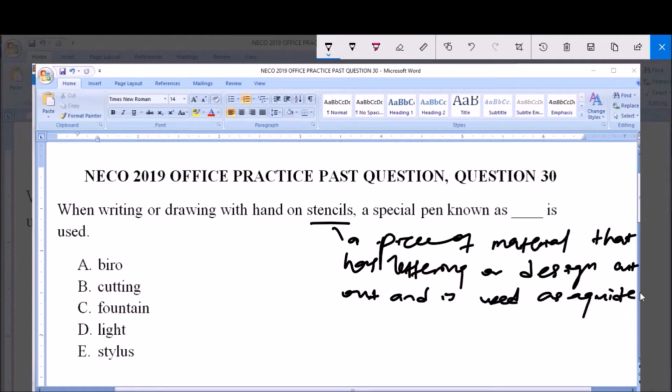Used as a guide in making design or what? In lettering. So that is what a stencil is. Pattern, design, or print produced.